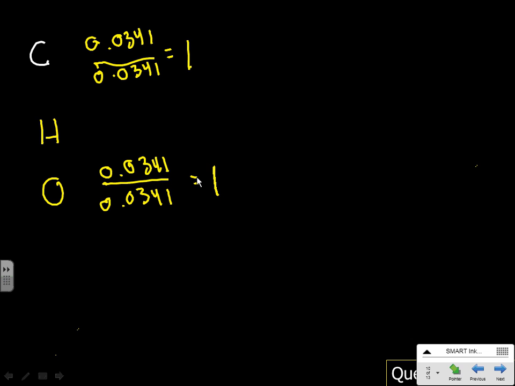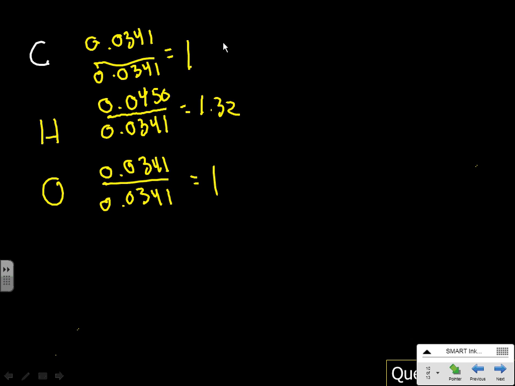And that's a 1, right? And what was the hydrogen number? 0.0450 over 0.0341, and what is that? 1.32? And I'm going to say that's pretty close to 1.33, close enough for me.